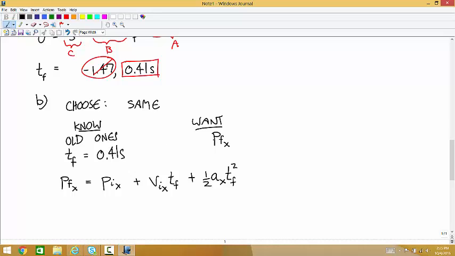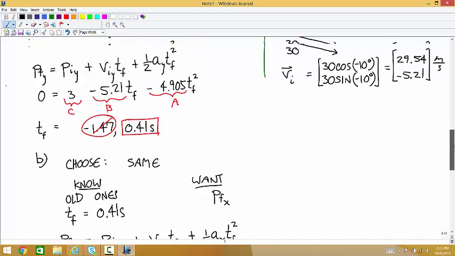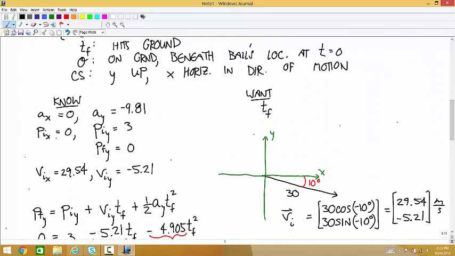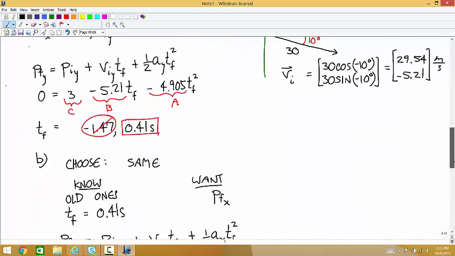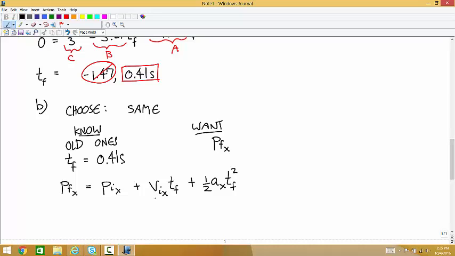It has PFX in it, the one that we're looking for. And now we'll go through the rest of them. Does it have PIX? Yes. Does it have VIX? Or I guess I sort of said that backwards. Now we're going through the equation looking for whether we know these other values. So we know PIX, we know VIX, we know TF, we know AX, so it works.